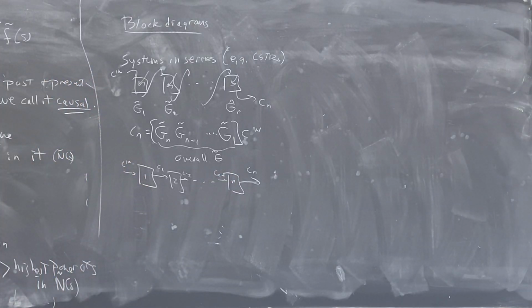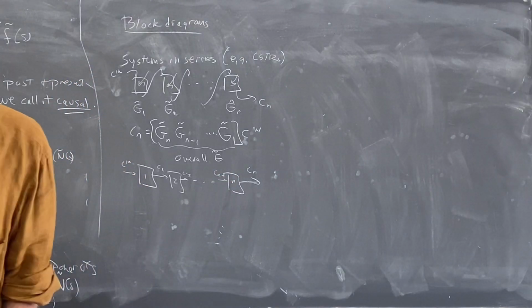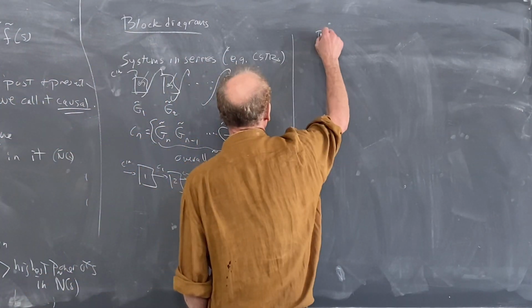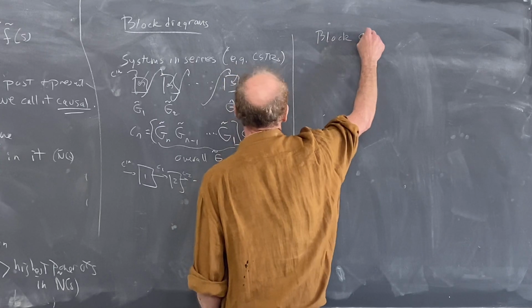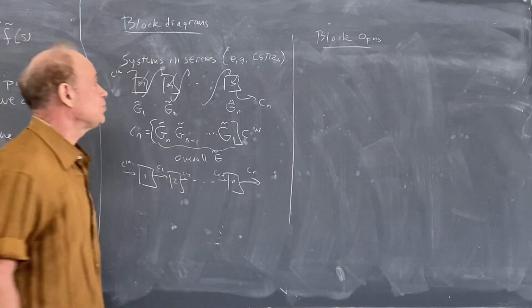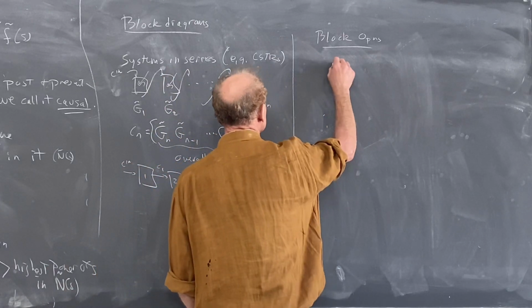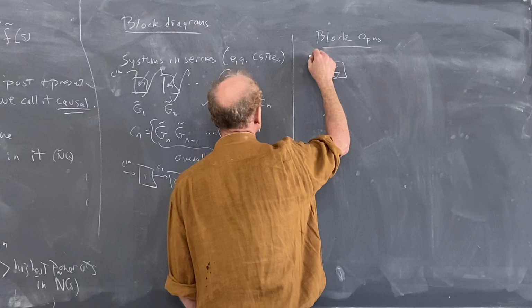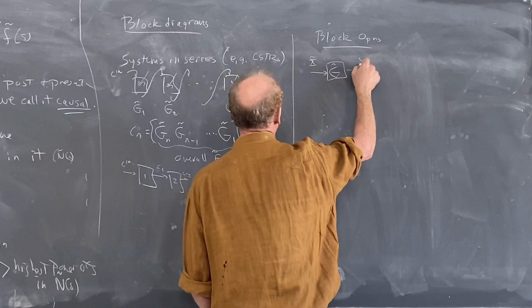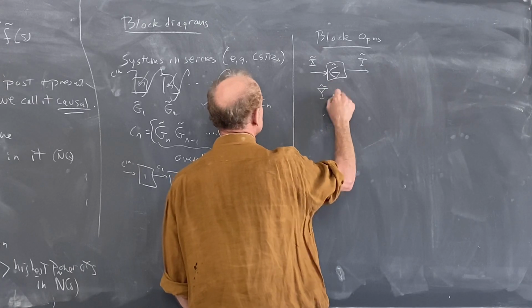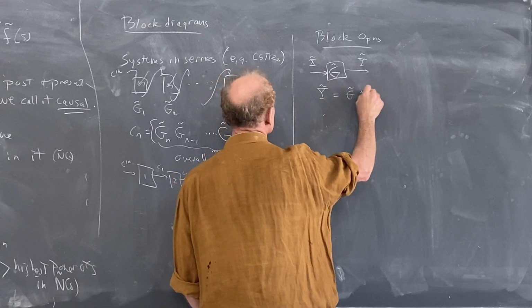Well, we can do more than that. Let's look at the operations that are allowed with blocks. So block operations. The first one is if I have a G tilde here, and an X tilde here, and a Y tilde here, I have that Y tilde is equal to G tilde X tilde.